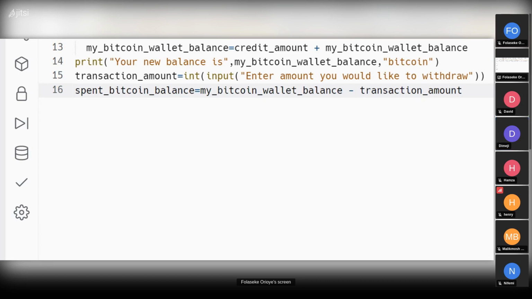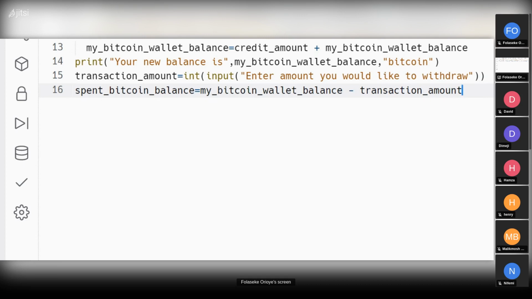What I understand from the spent Bitcoin balance is that it is the new Bitcoin balance minus the transaction amount. That was in line 16.